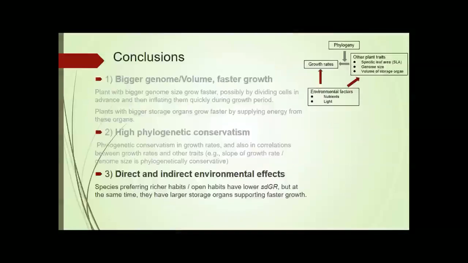We found direct and indirect environmental effects for the growth traits, showing that species which prefer growing in rich habitats or open habitats have relatively lower growth rate or lower standardized growth rate. But at the same time, they have a larger volume which could support their fast growth.